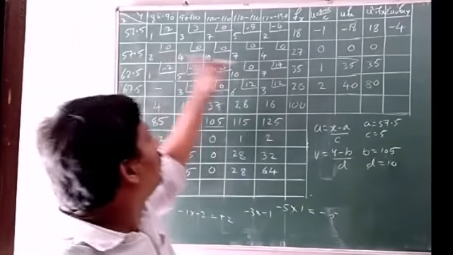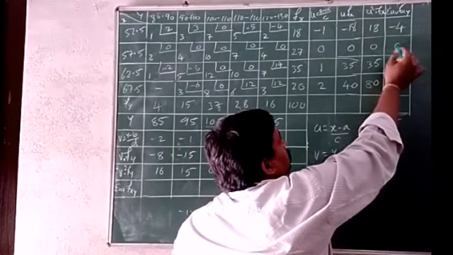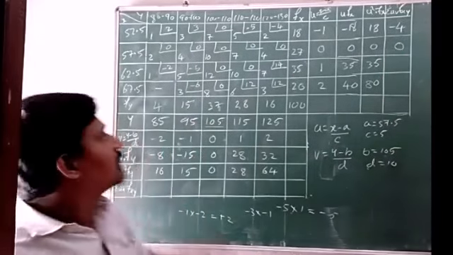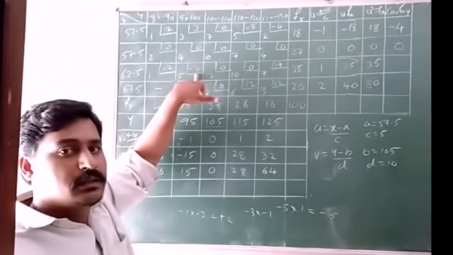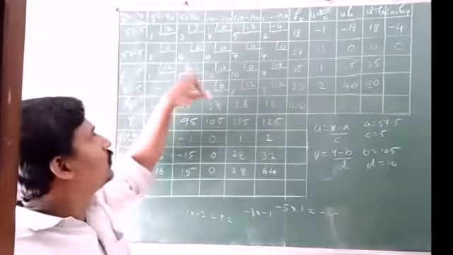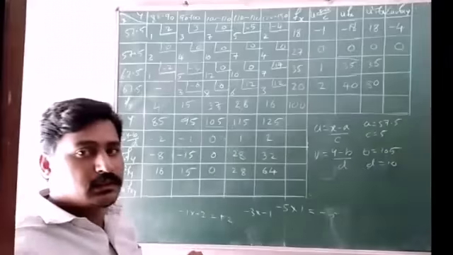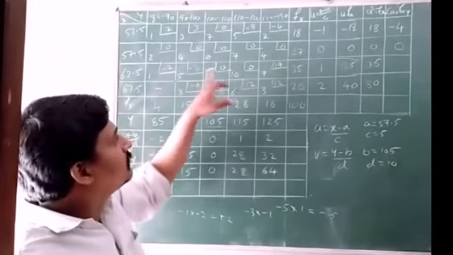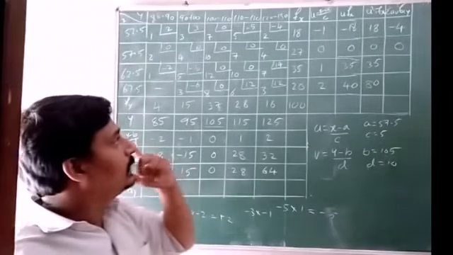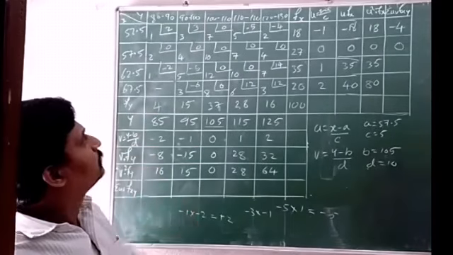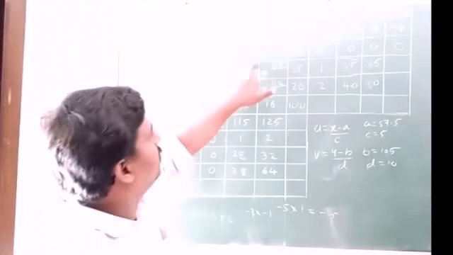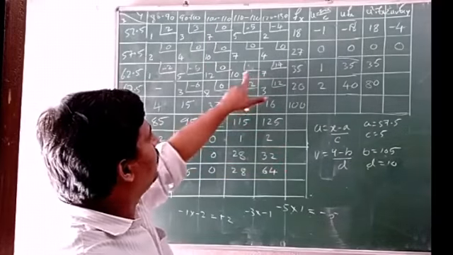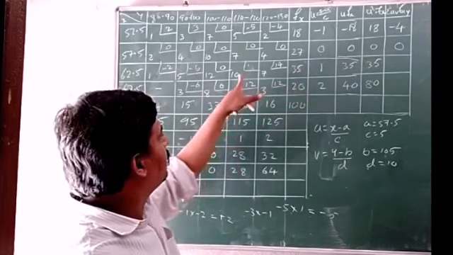Next row. Next, minus 2 plus minus 5. Same sign, so minus 7. Minus 7 plus 14. Well, we have a total 0 here. I think we have made a mistake. 10 into 1, 10. 10 into 1, 10.